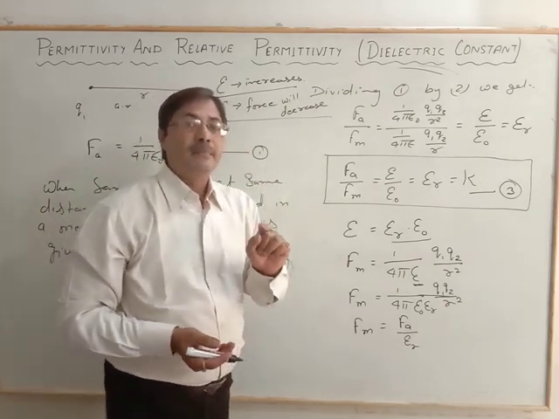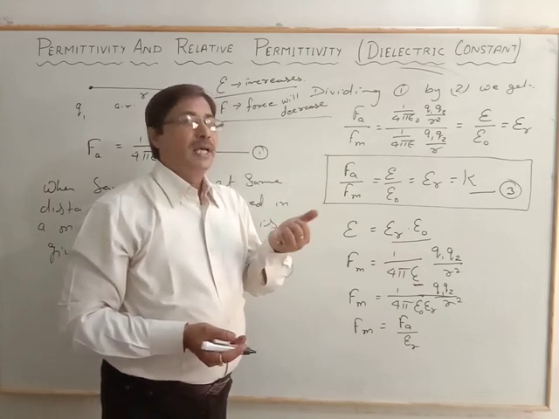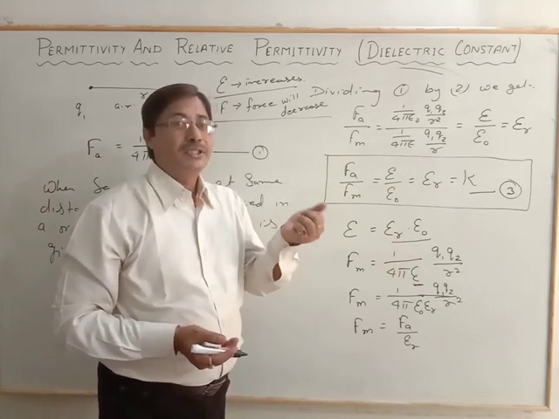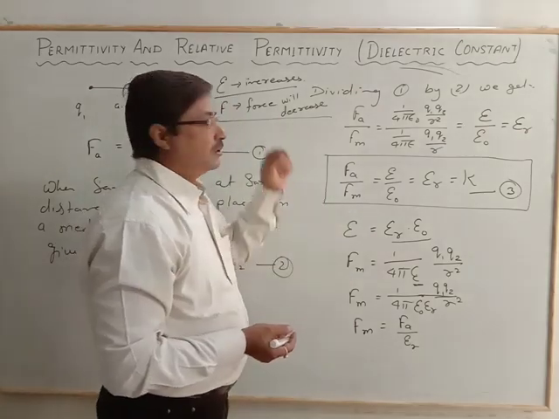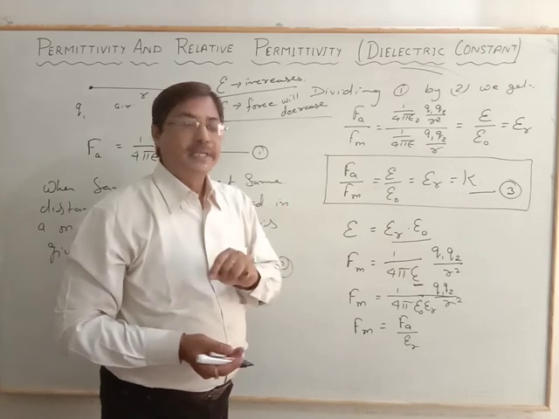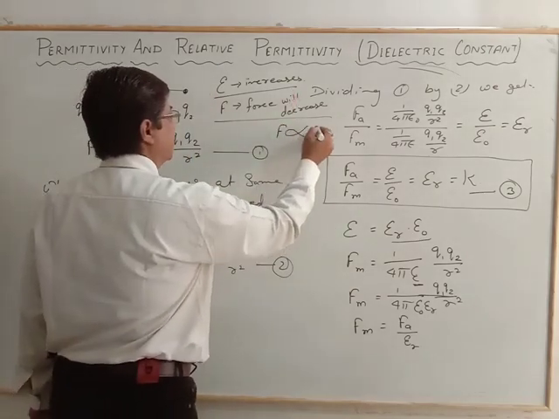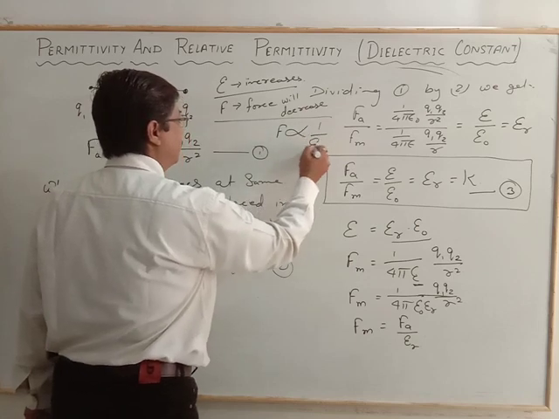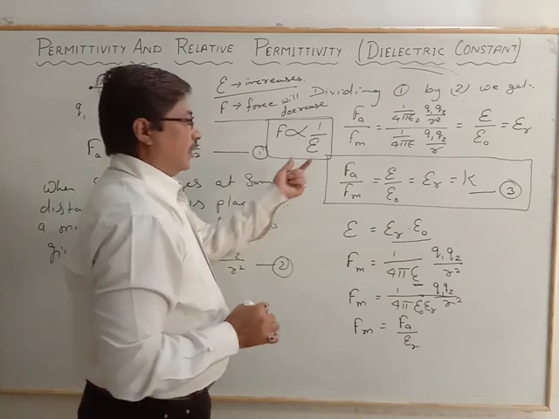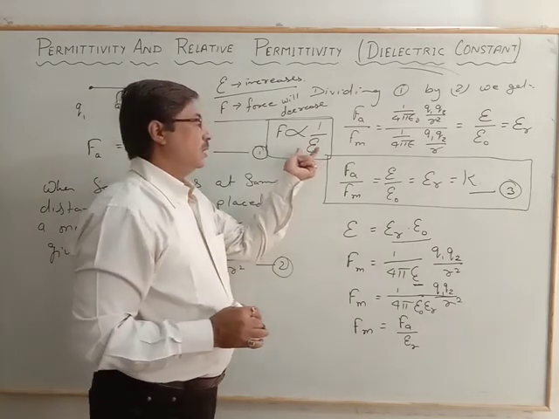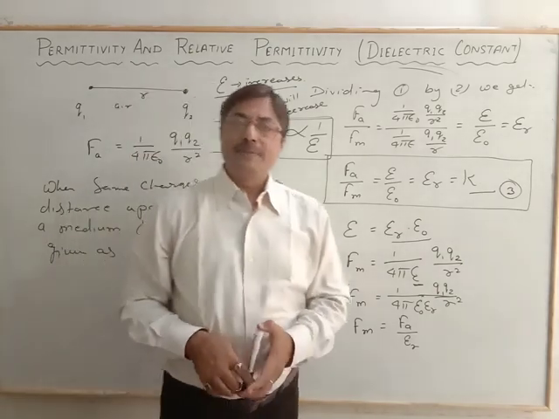That means the medium itself accepts some of the electrical nature due to the electrical force, due to the charges, and that is why the force will decrease. So we have the relation that the force is inversely proportional to the absolute permittivity of the medium. So this is all about the permittivity and the absolute permittivity.